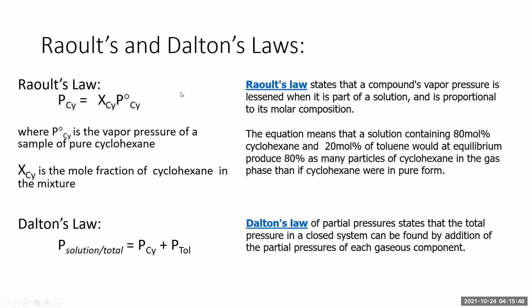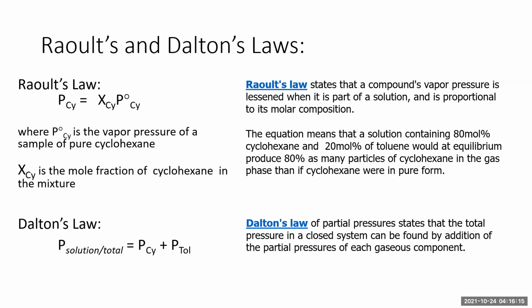So what that means is that when you mix two liquids to form a liquid mixture that's miscible, the vapor pressure from each component of the mixture is lessened compared to its pure form, and it should be related to its mole fraction in the solution.